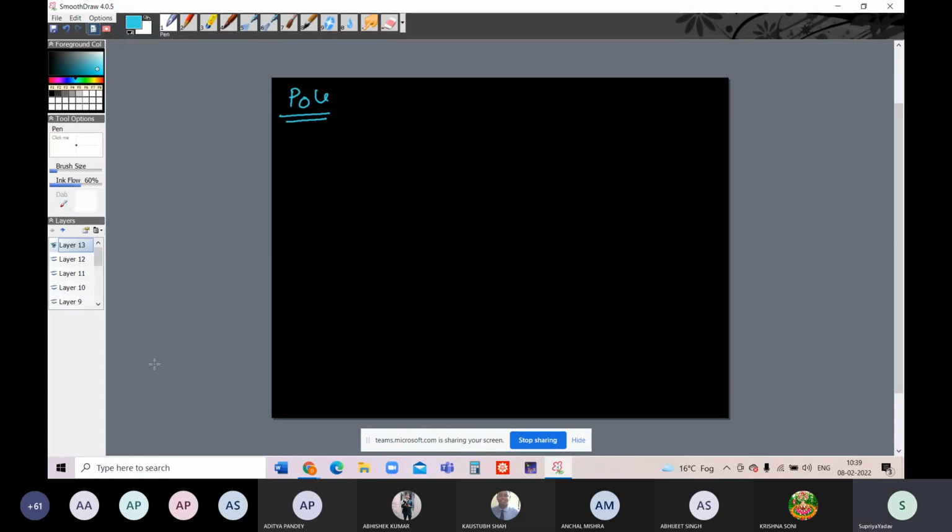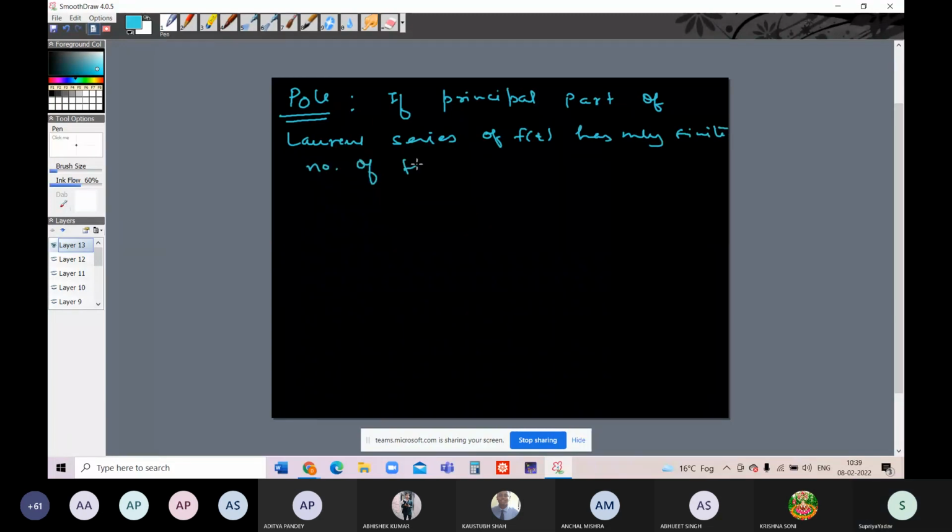So if the principal part of the Laurent series of f(z) has only a finite number of terms, then z is equal to z naught is called a pole of the function. This is called a pole of the function.